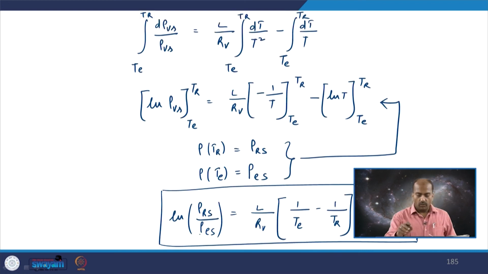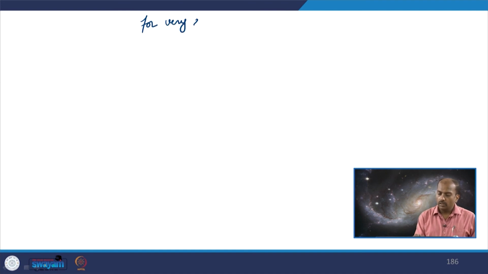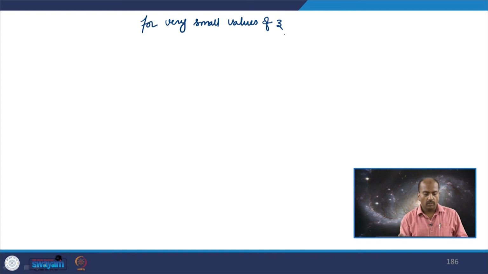Now, we have two ln terms appearing here. So, we will use an approximation. For very small values of z, where z is just a variable, we will write ln of (1 plus z) as equivalent to z.